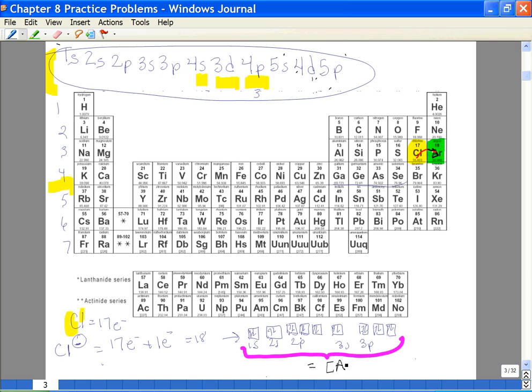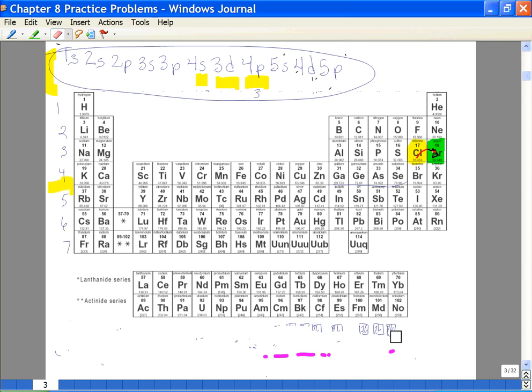Alrighty. So now let's look at the aluminum cation, Al3 plus.